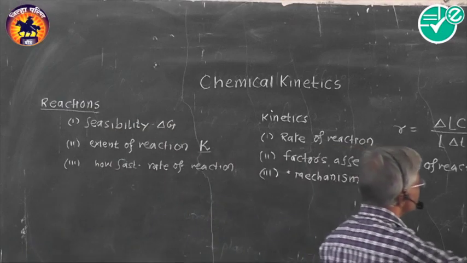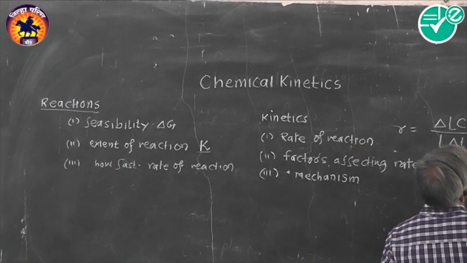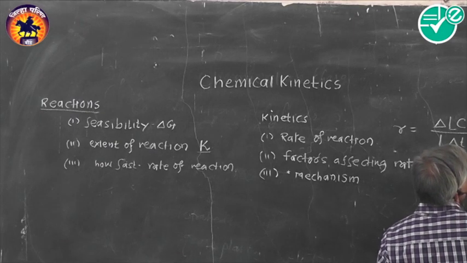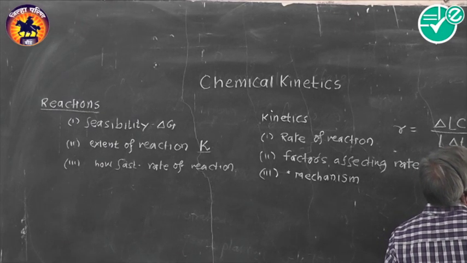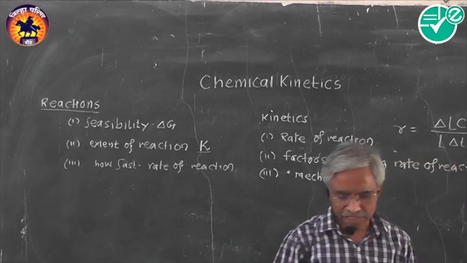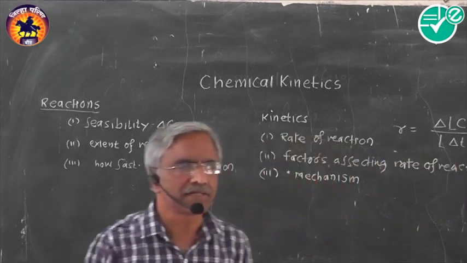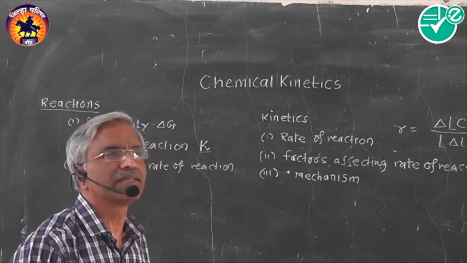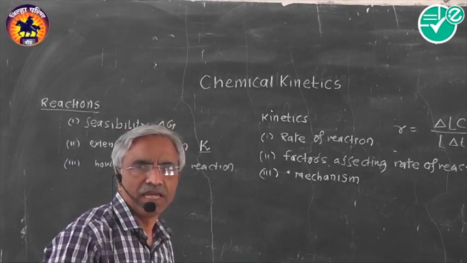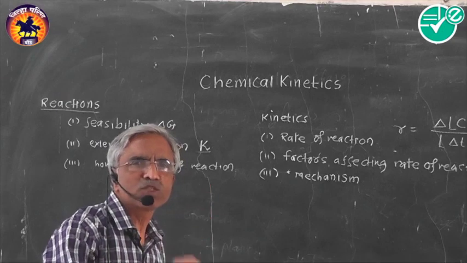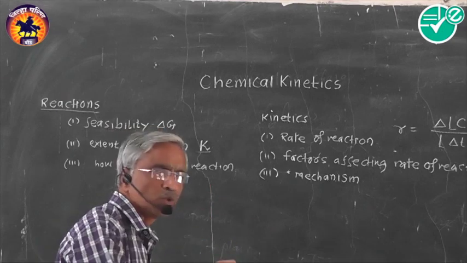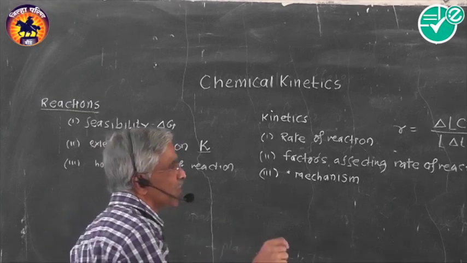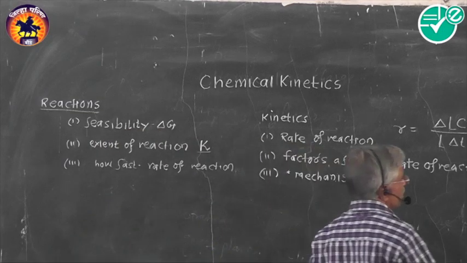So, the concentration is expressed in terms of different parameters, such as the pH value. If the concentration is 10 raised to minus 3, pH will be 3. If the concentration is 10 raised to minus 2, pH will be 2. That means the concentration here is a function of the pH of the solution.